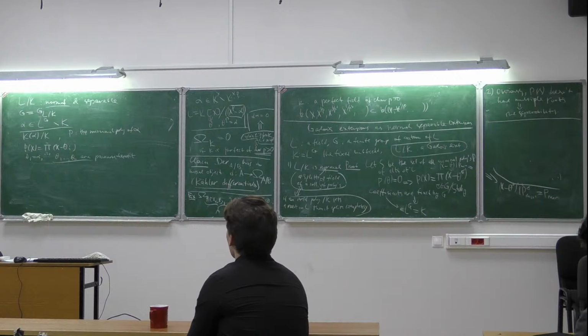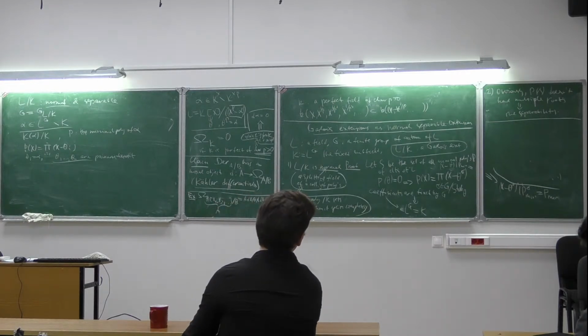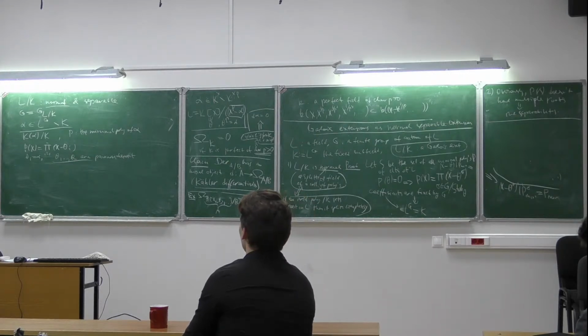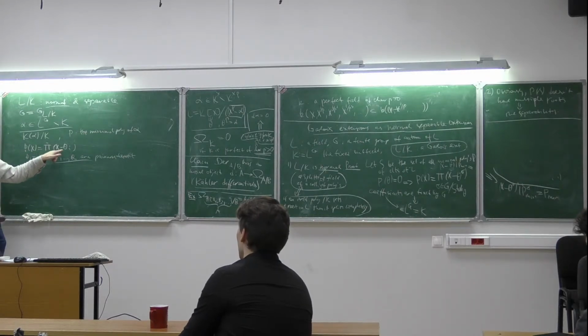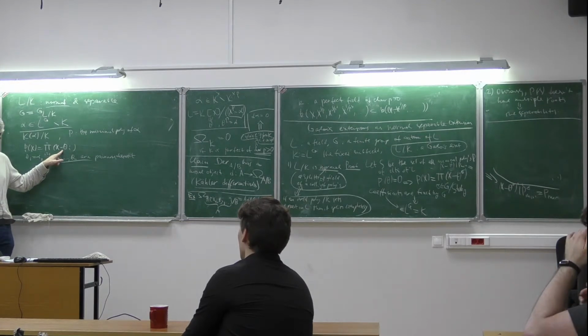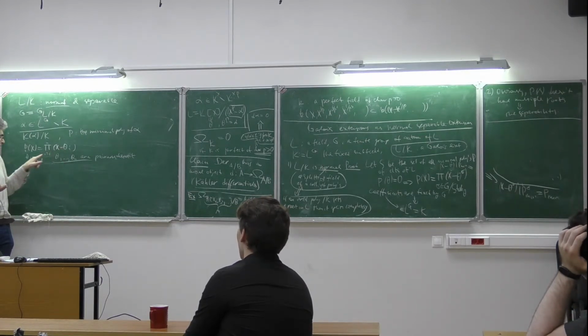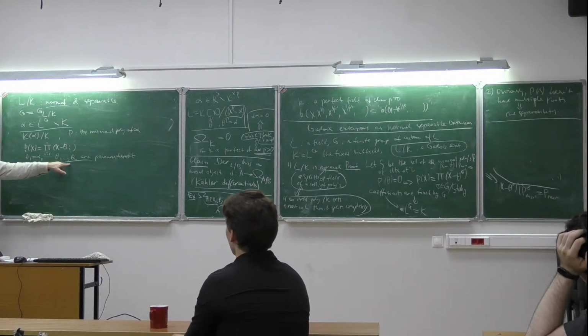So that's it. We don't need to extend anything, because we already know that in normal extensions there exist automorphisms sending any root to any other root. This means that theta 1 is not fixed if there are other roots.